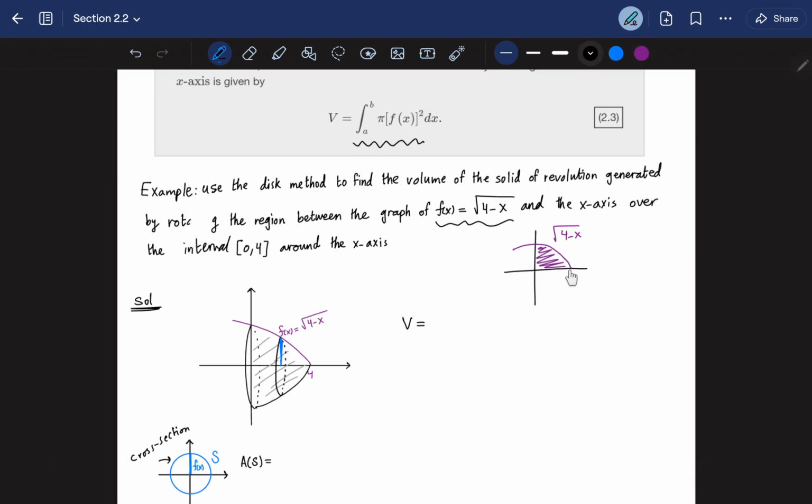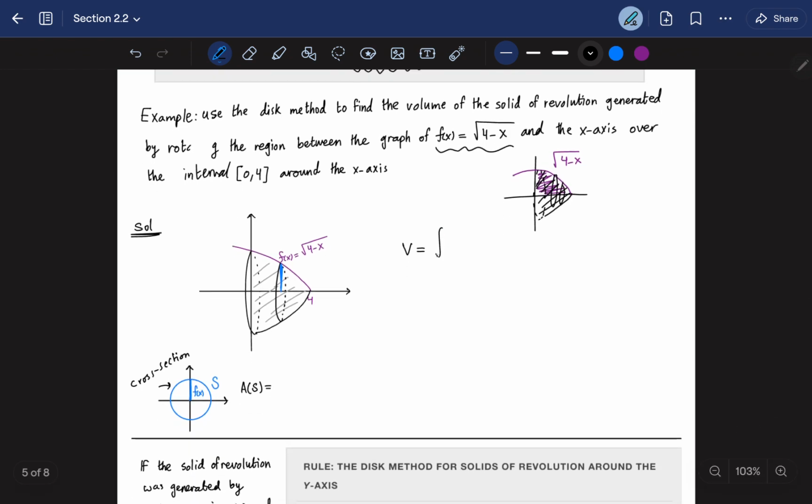You want to revolve it around the x-axis, so you're going to create this solid of revolution. And as you can see, whichever x value you take, you're going to have a circle as a cross section, and since we're using the disk method, your volume is always the integral from a to b of pi f of x squared dx. So this is just from 0 to 4, pi times your function squared dx.